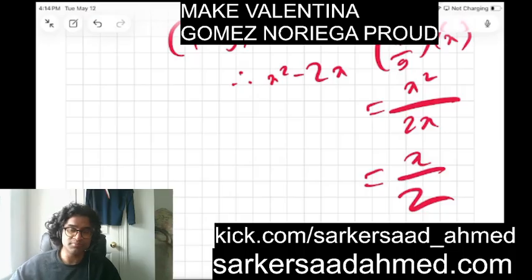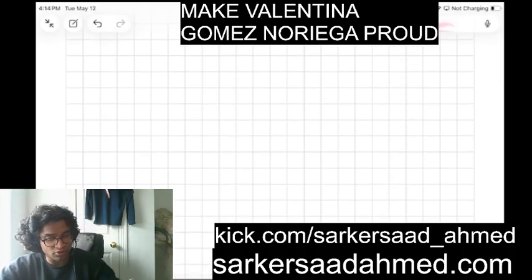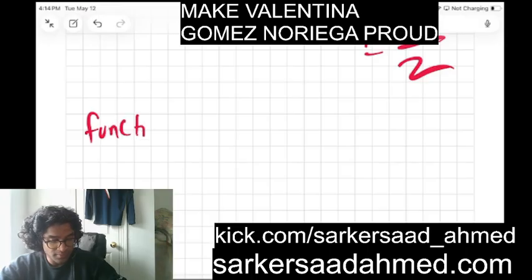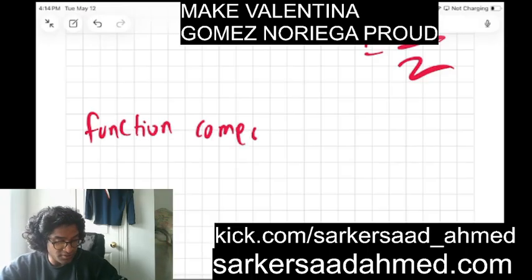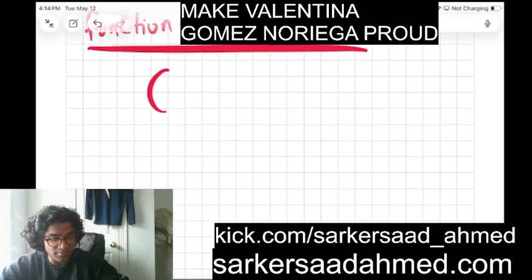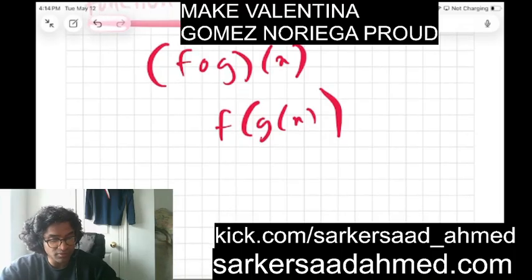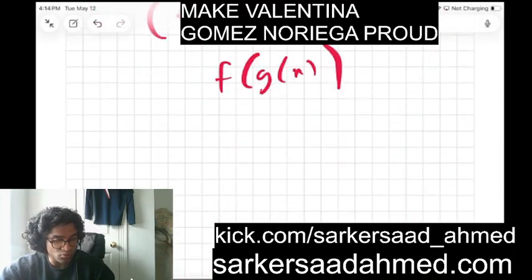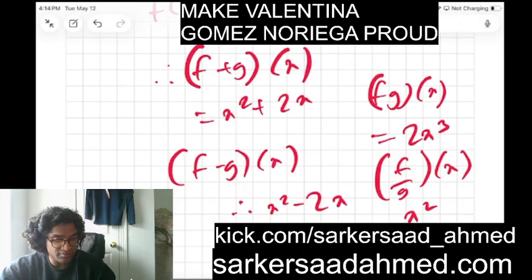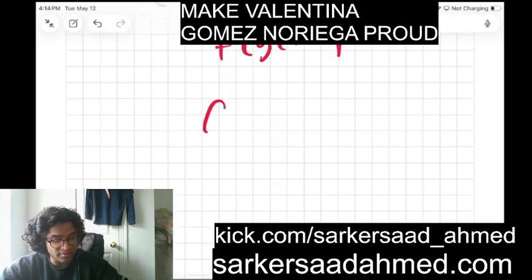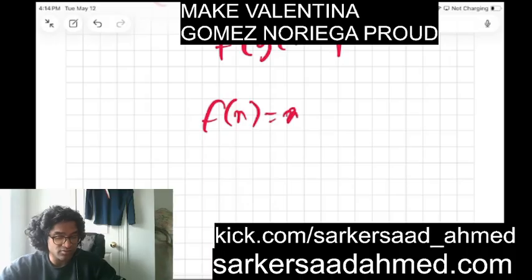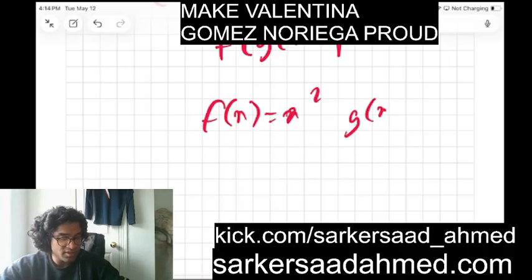Then you've got the composite functions, the function compositions. Let's say, for example, f g of x is just saying f of g of x. Let's use the same example: f of x is x squared, g of x is 2x.